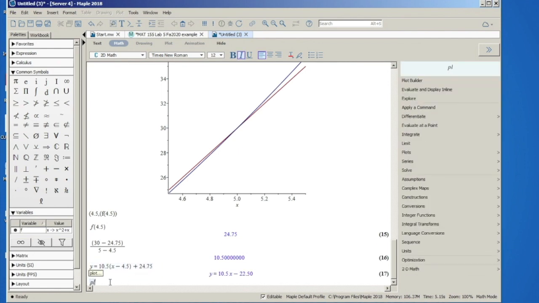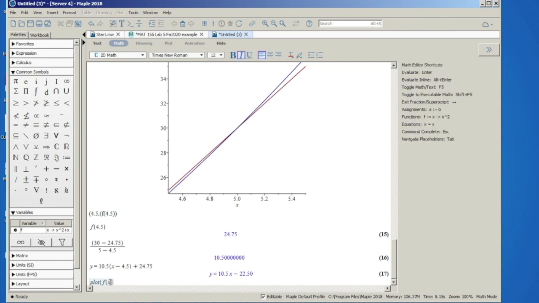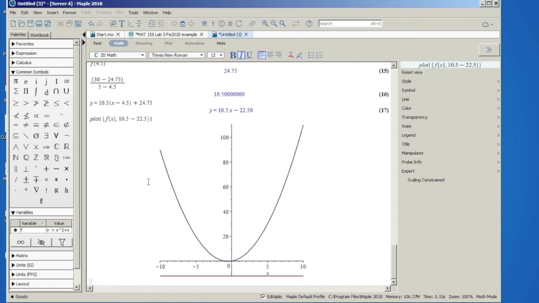So now I could do plot f of x, comma 10.5x minus 22.5. Don't forget your x's.